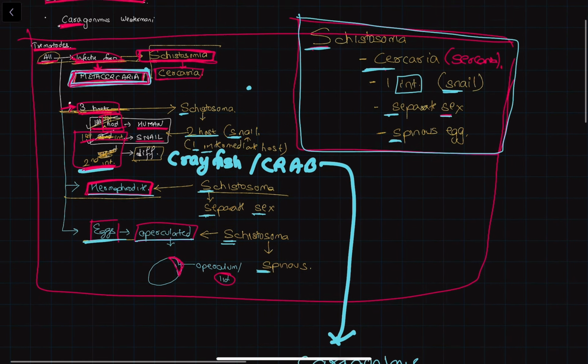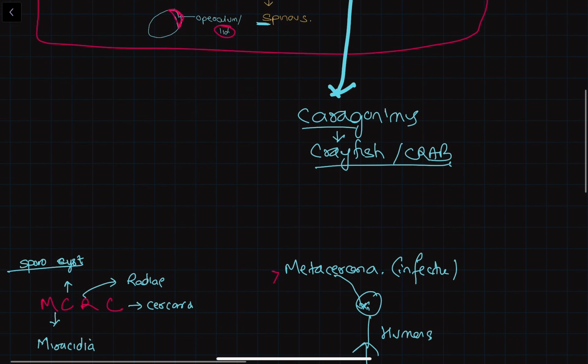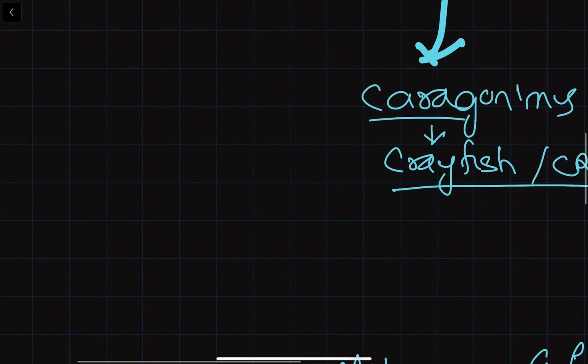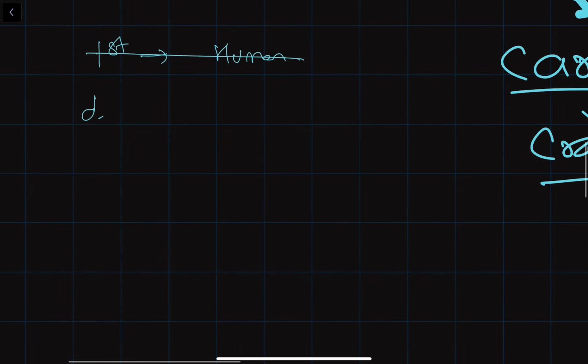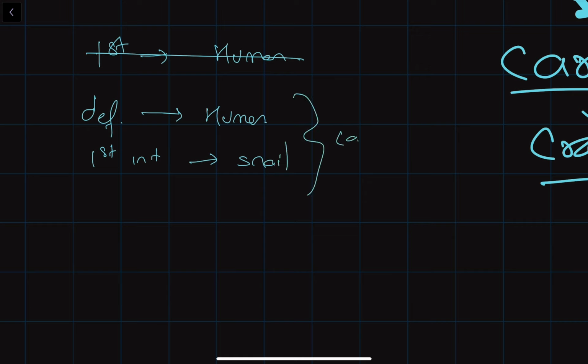So let's talk about Paragonimus westermani. Paragonimus has a definitive host which is human, and a first intermediate host which is snail. Both of these are common to all trematodes.